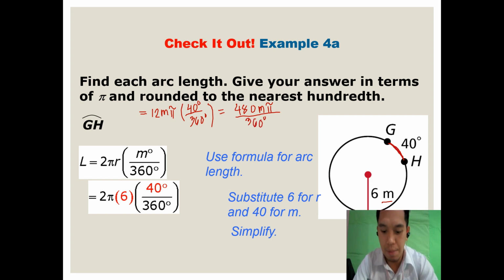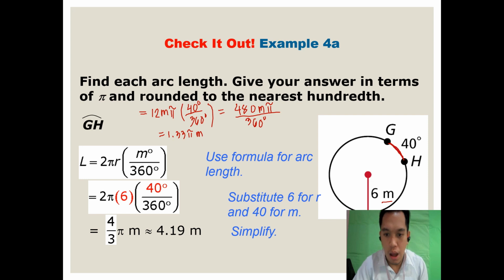So 480 divided by 360 is 1.33. Okay, so that is 1.33 pi meters. Okay, so i-simplify pa natin yan. 1.33 pi or 4 over thirds, yan kasi ay magiging 1.33 pi meters.